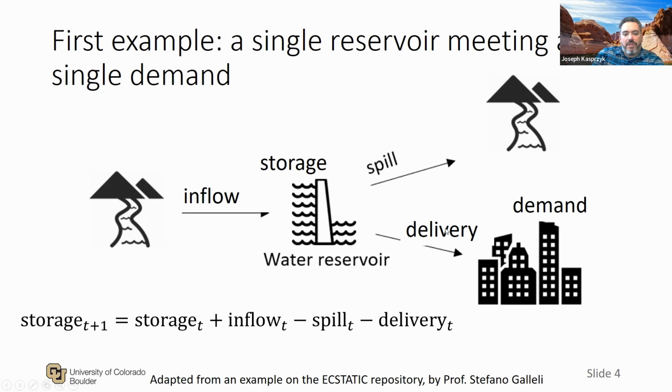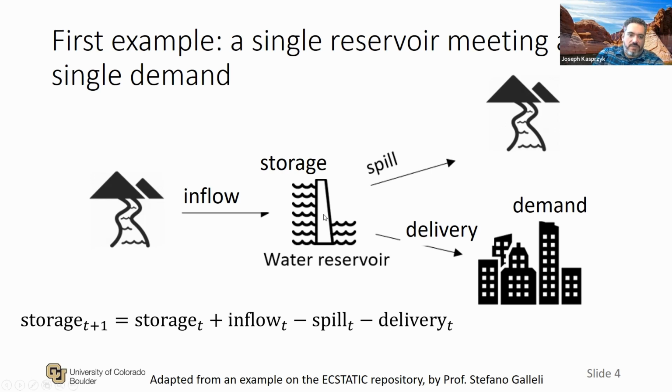The first one is the delivery of water to a particular demand. So this city or some other water user is demanding a certain amount of water, and the reservoir can deliver up to 100% of that demand, okay? That is one aspect of the reservoir's operation.